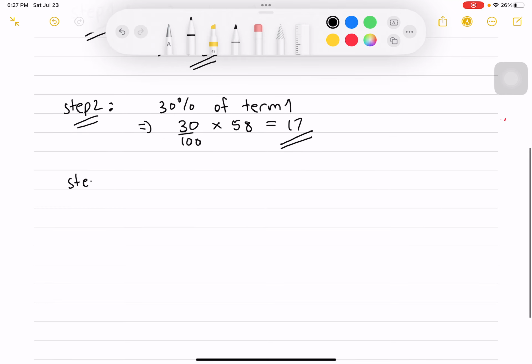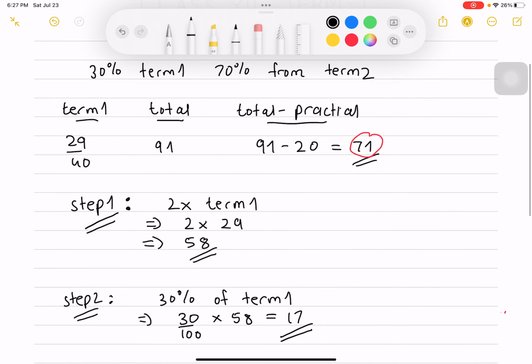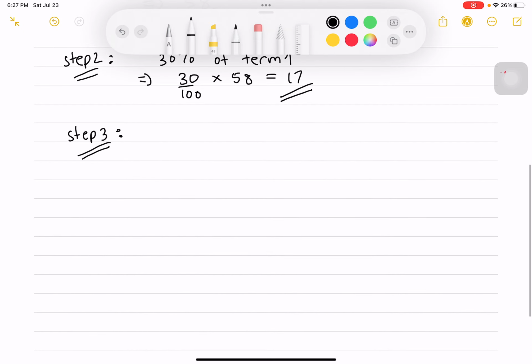And our third step is to subtract from our total marks, which we obtained here, that is 71, this value of 17, which we obtained in step 2.